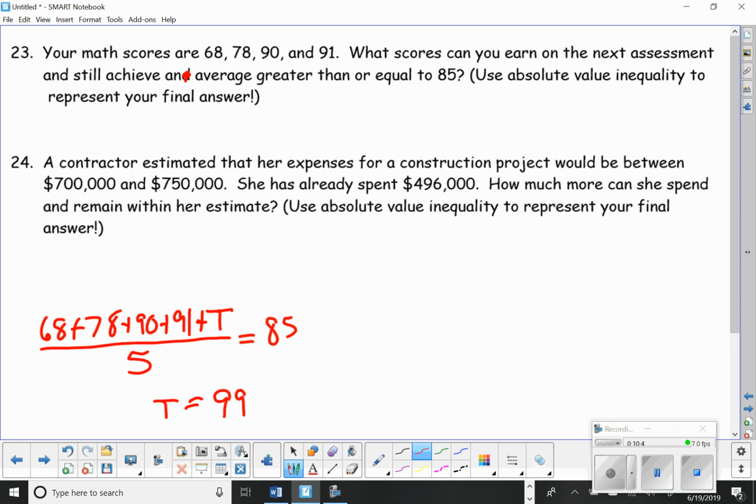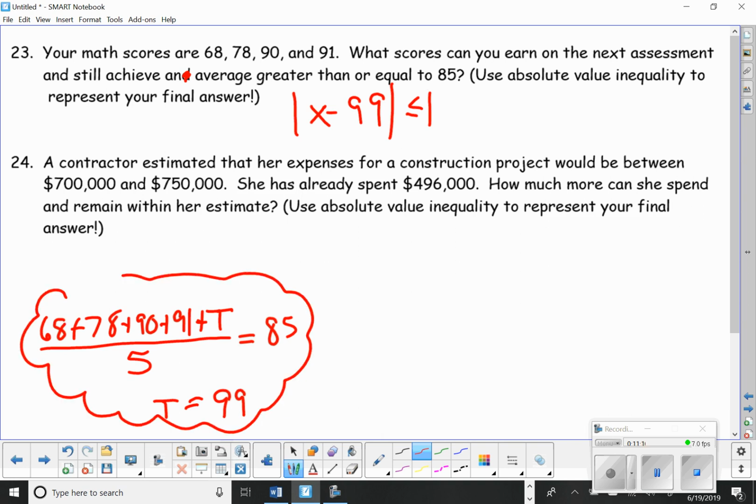Oh, 100, right? So you've got your test score minus 99, and that's got to be less than or equal to 1 in order to get an 85 or better. This is the part that a lot of students forget about.